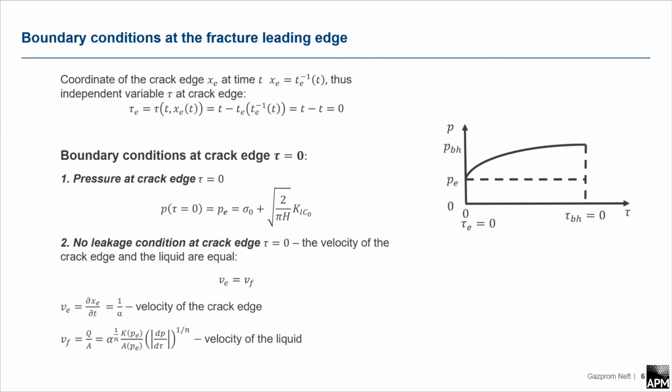To define the Cauchy problem, we need two conditions at coordinate tau equal to 0. So we used the no leakage condition at the crack edge. It means that the velocity of the crack edge is equal to the average velocity of the fluid.